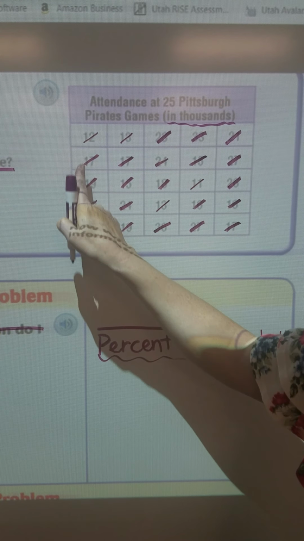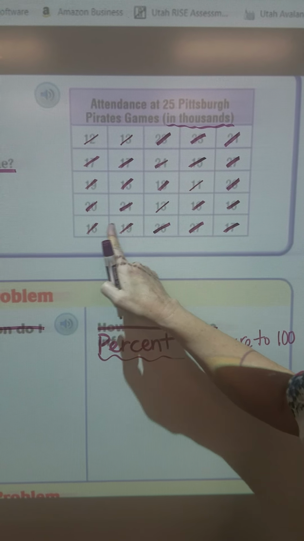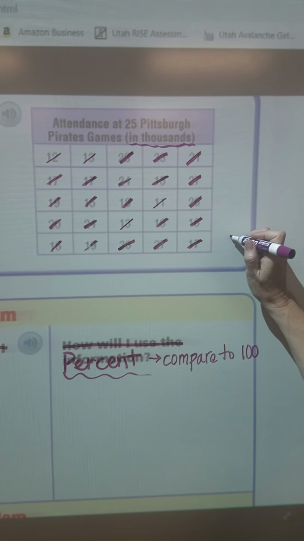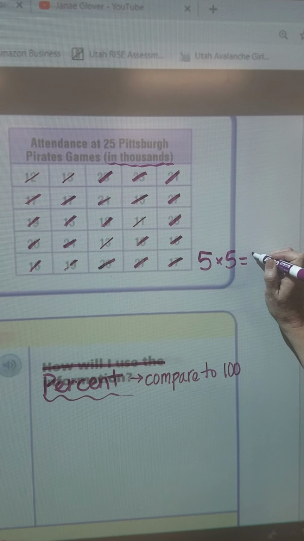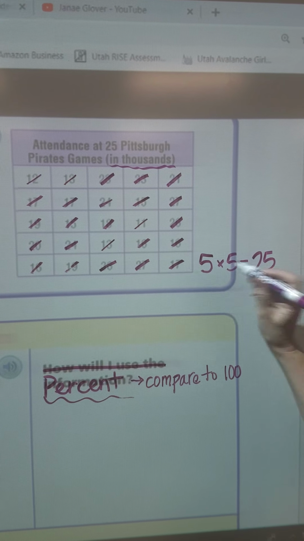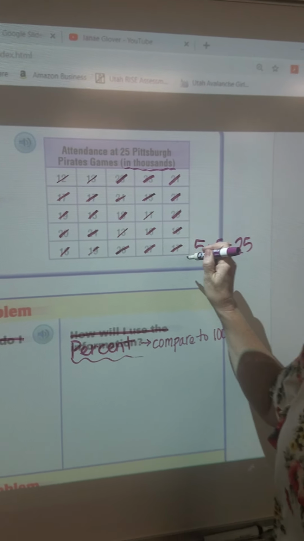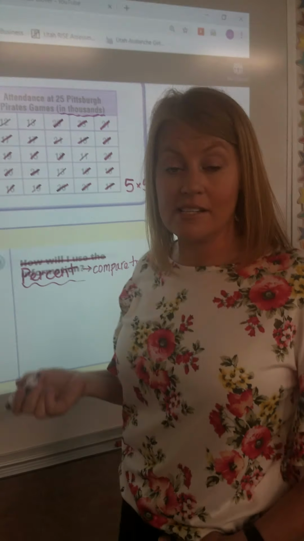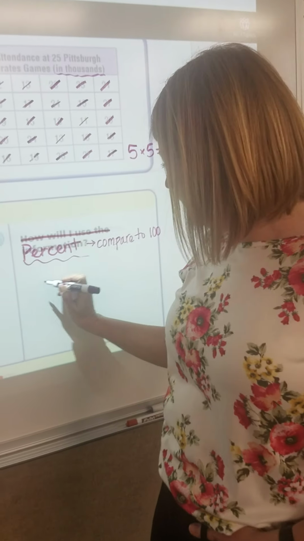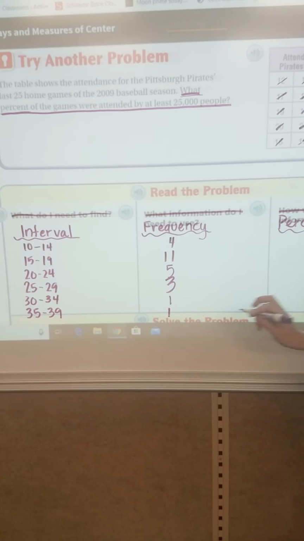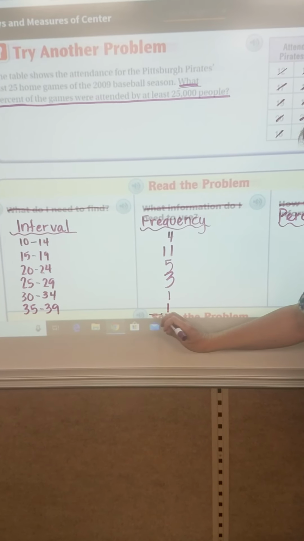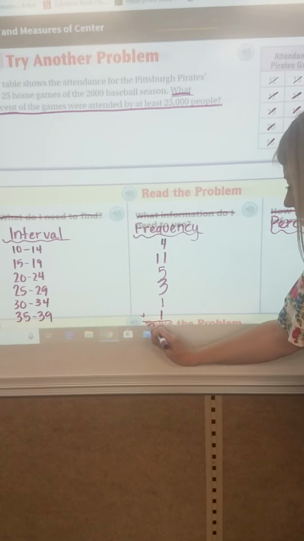So 1, 2, 3, 4, 5. 1, 2, 3, 4, 5. So this is 5 rows of 5 data values. So that's 25. So all together, we had 25 pieces of data. So as I change these to a percent, we're going to be comparing it to a total of 25 data values.